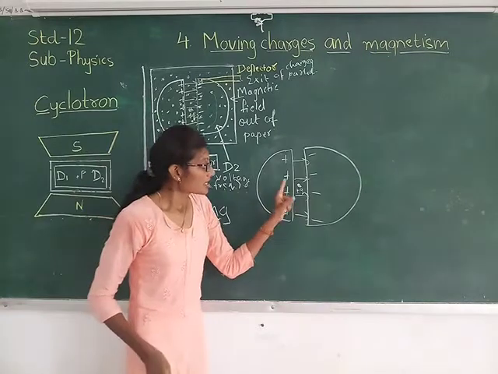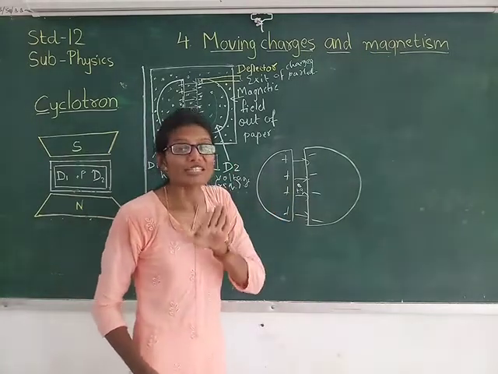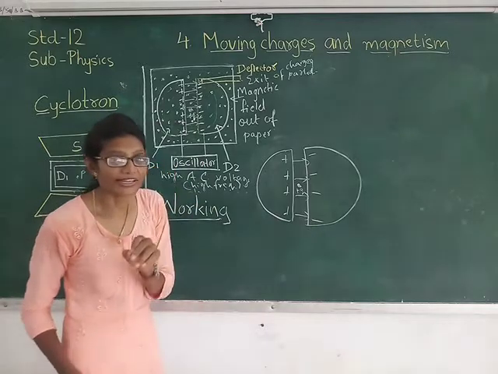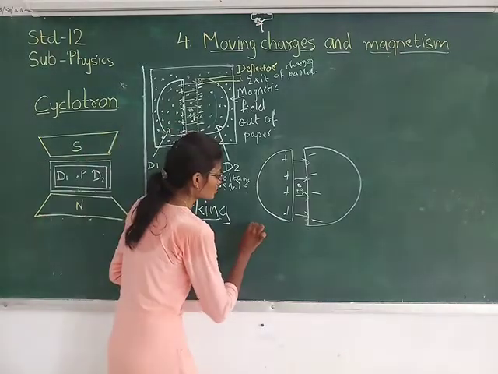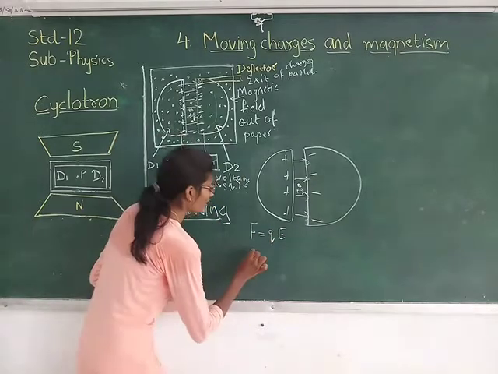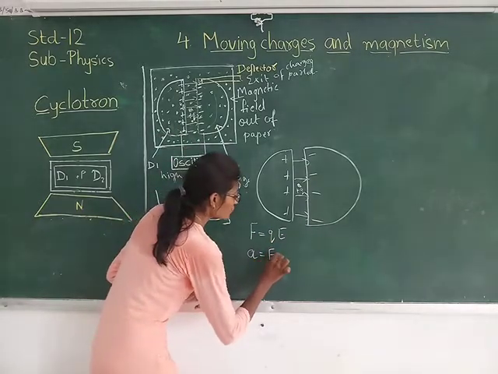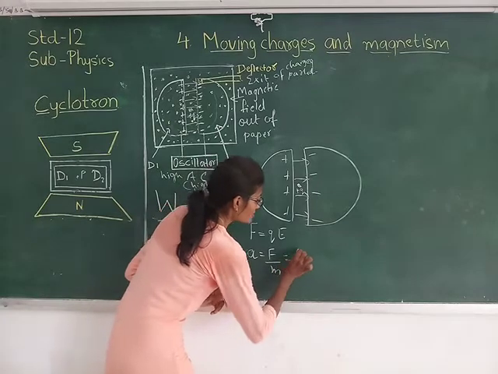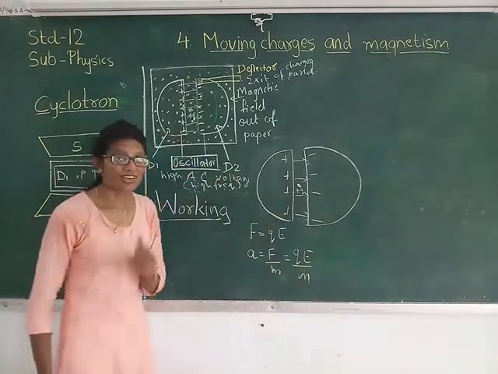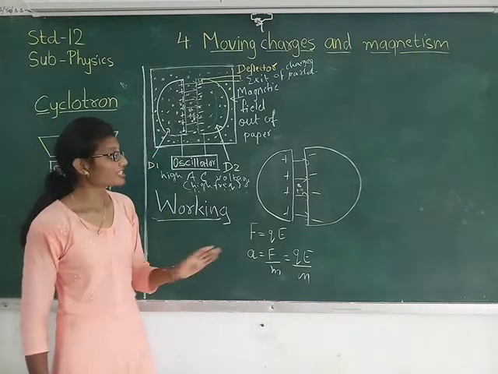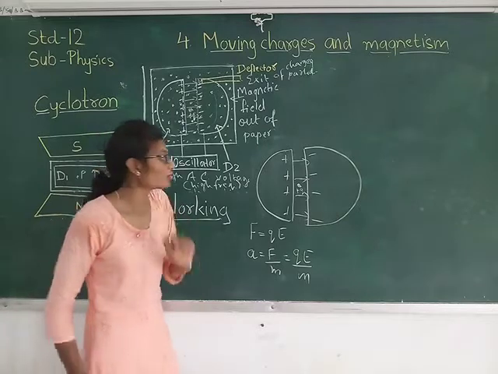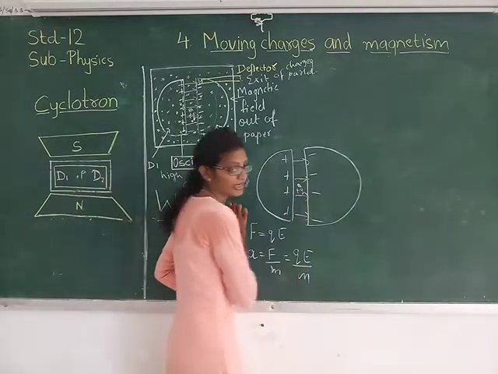So what happens? Now this charge, when it is placed in the electric field, what happens? It gets accelerated, right? As I have shown in the equation, F equals qE, then acceleration is equal to what? That is F by m, which is equal to qE by m, right? So the charge gets accelerated when it is put in the electric field, and where will it go? It will go towards this side, right?